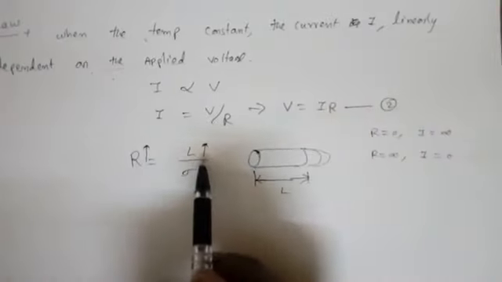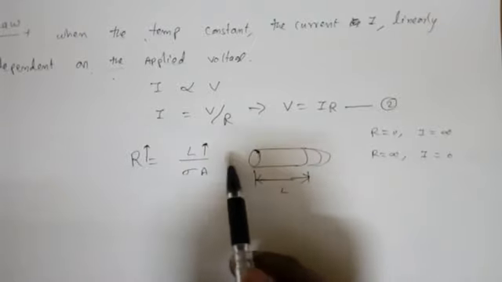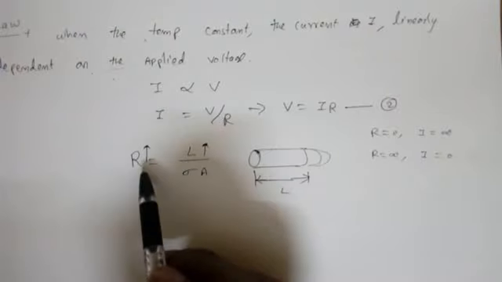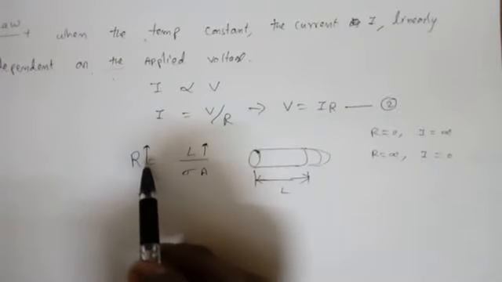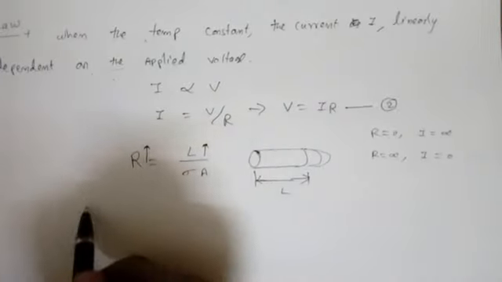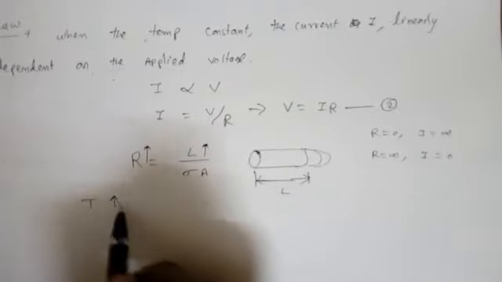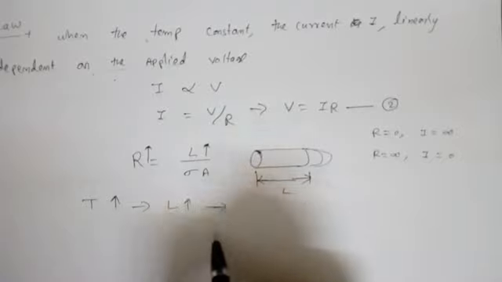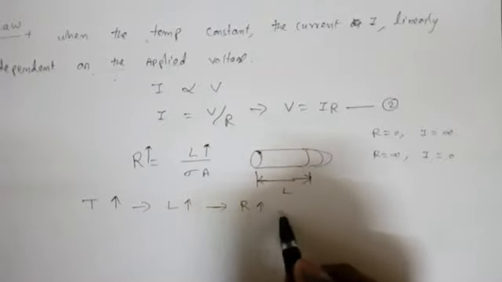Now when we vary the temperature, the conducting material length will increase. When length is increasing, its resistance will increase. Or we can say it like this: if temperature is increasing, the length of that conductor will increase. When length is increasing, resistance is also increasing.